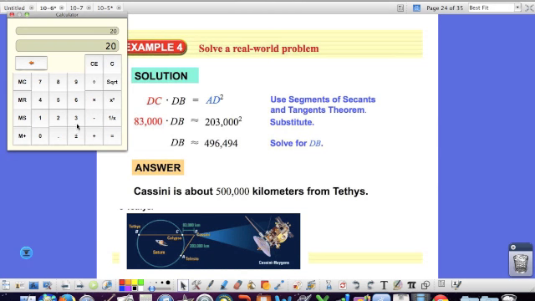So 203 times 203 is 41,209. You would add 6 zeros onto that. So it's 41209 and 6 zeros.